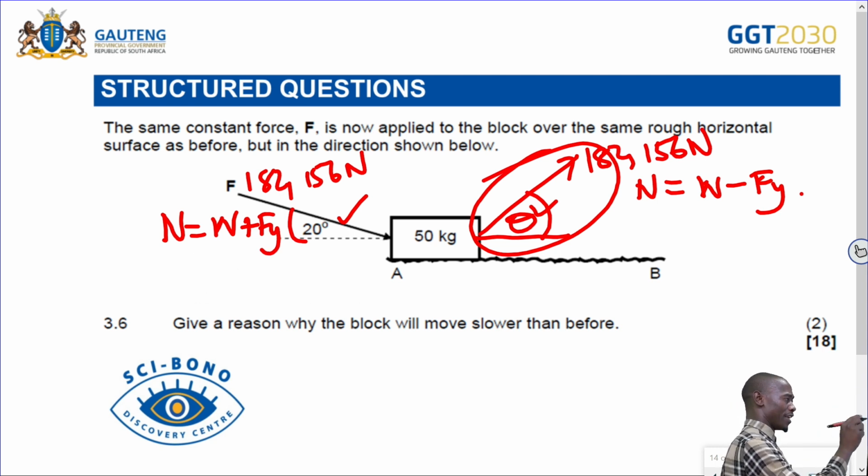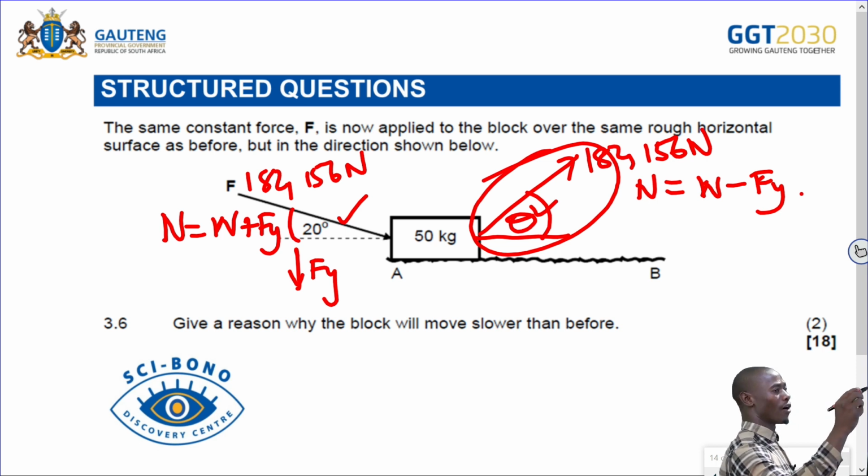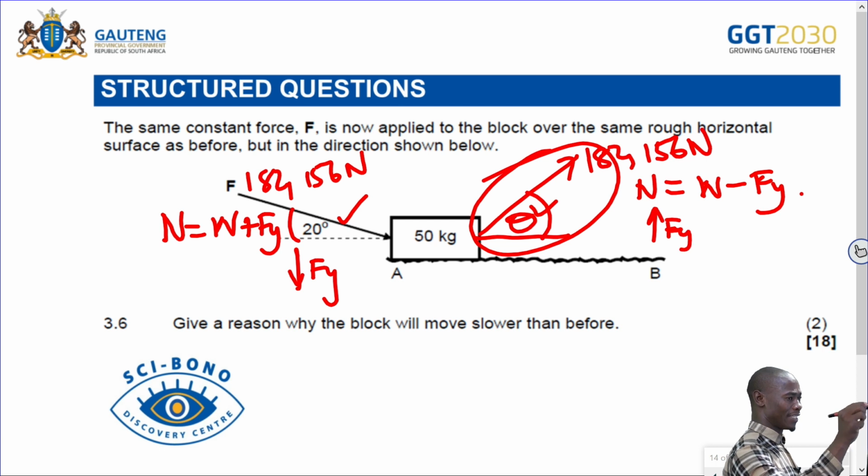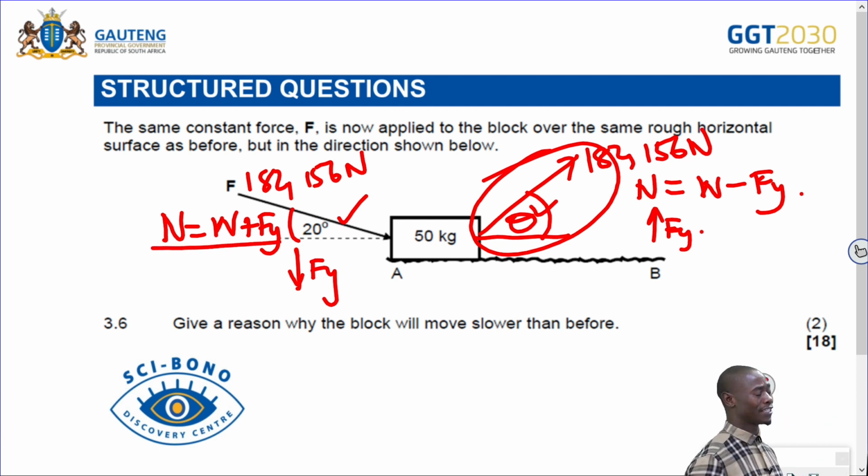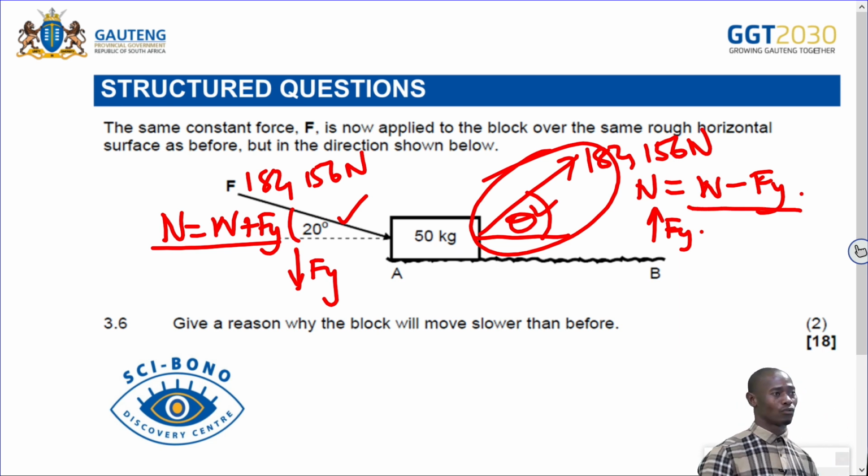Remember, when you resolve this force into its components, on this side the force is pushed at an angle, so you have your Fy acting downwards. But here you have your Fy acting upwards, right? Which means that the normal force here will be weight plus Fy, where it is pushed at an angle. Where it is pulled at an angle, it will be weight minus Fy.